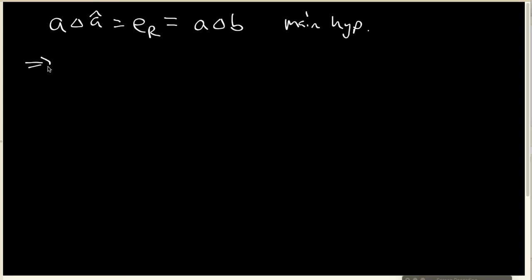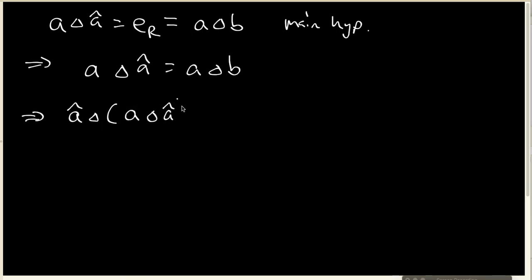So that's obviously going to tell us that A triangled with A hat is equal to A triangled with B. And what I can do at this stage is pre-multiply this equation by A hat, to get A hat triangled with A triangled with A hat is going to have to be equal to A hat triangled with A triangled with B.